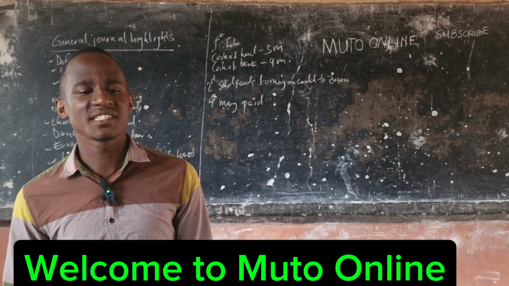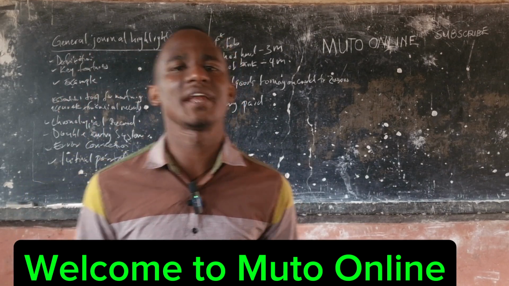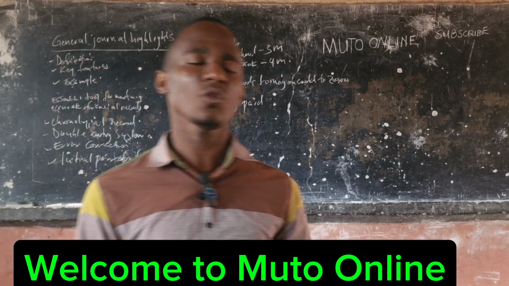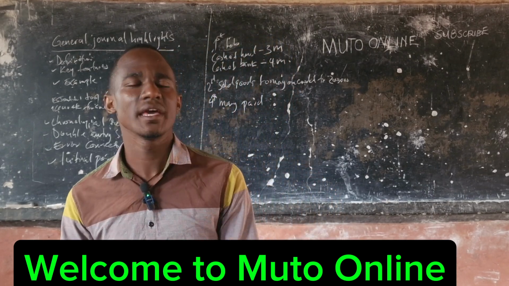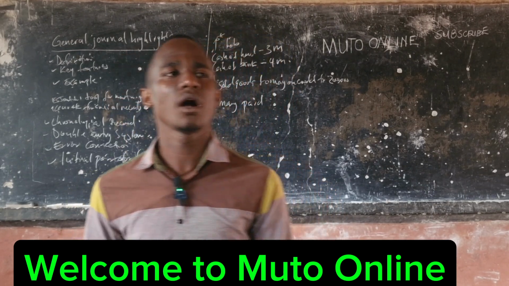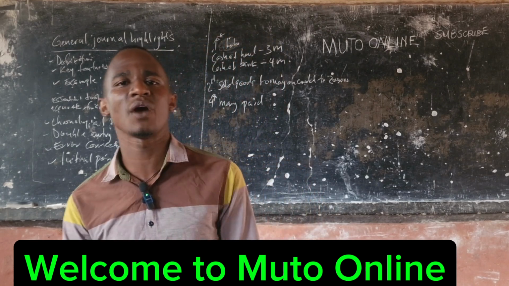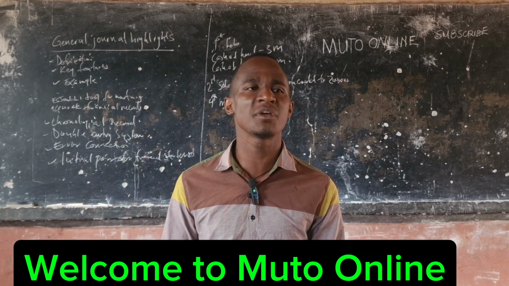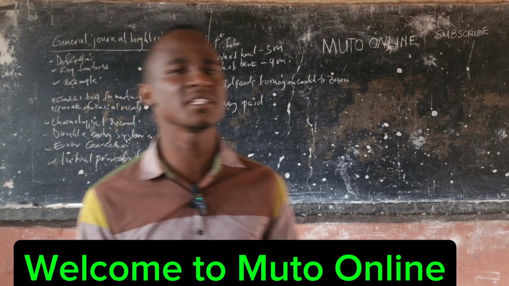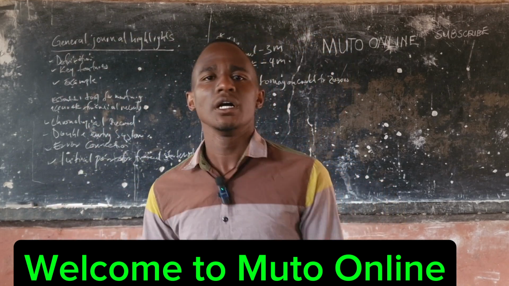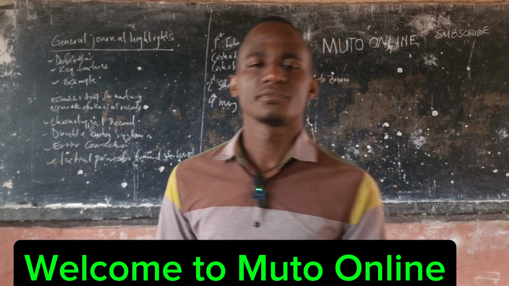So, as per our last video, we came up with a general journal, and we went deep into what a general journal is. We did an example, but one of our viewers requested a brief highlight on what a general journal is, so we are going to answer him.